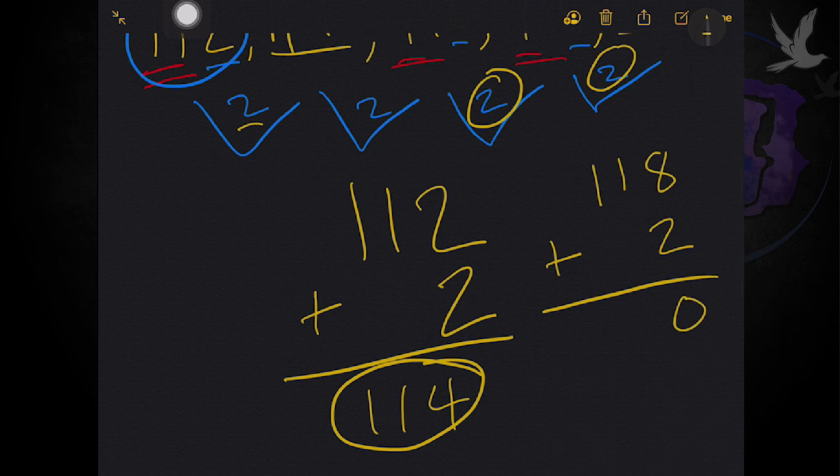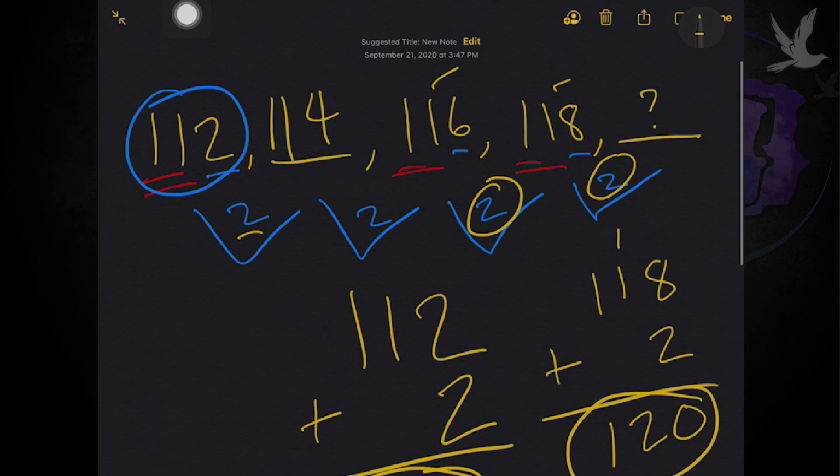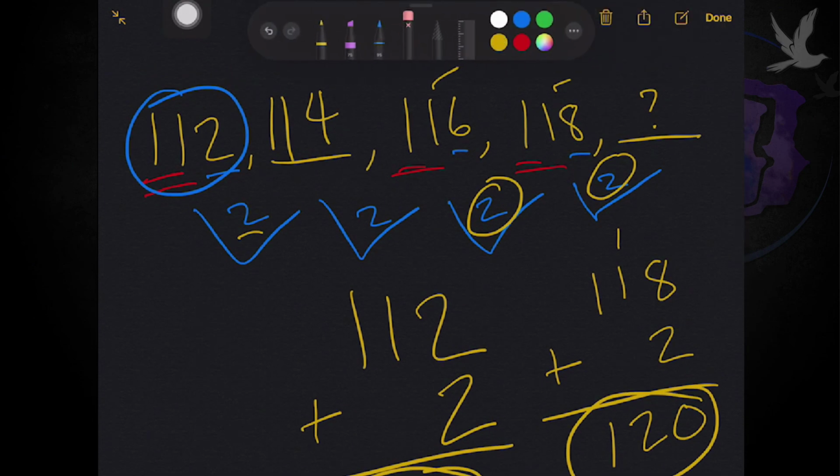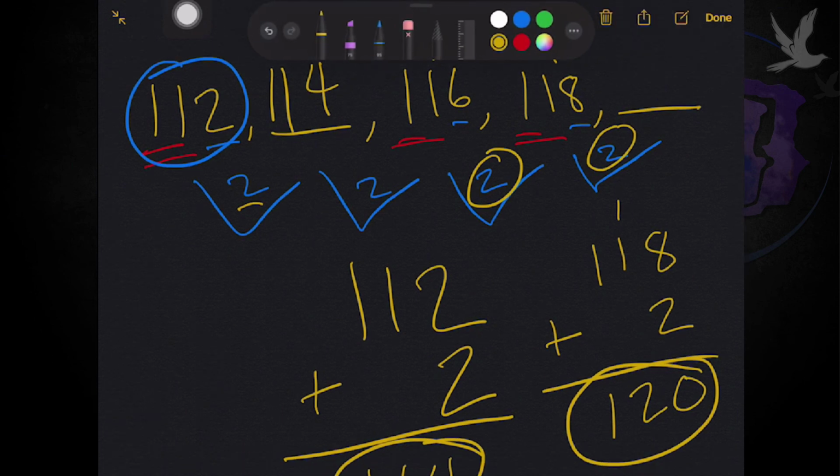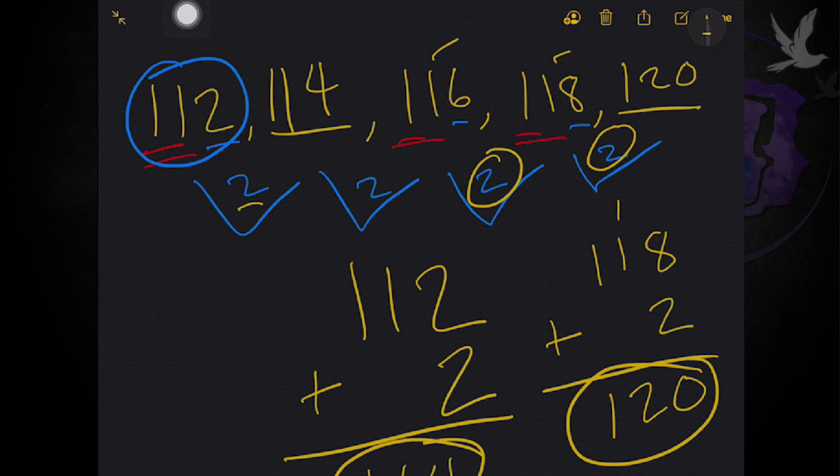So that's 0, carry over. 1 plus 1 will give you 2. Bring down 1 will give you 120, which means this blank over here is equivalent to 120. So that's how you're going to do your other activity.